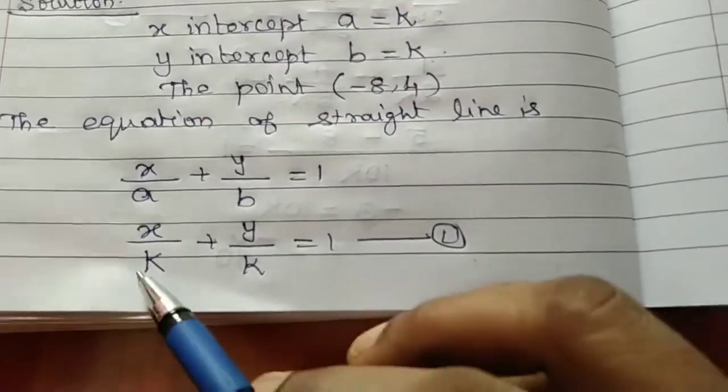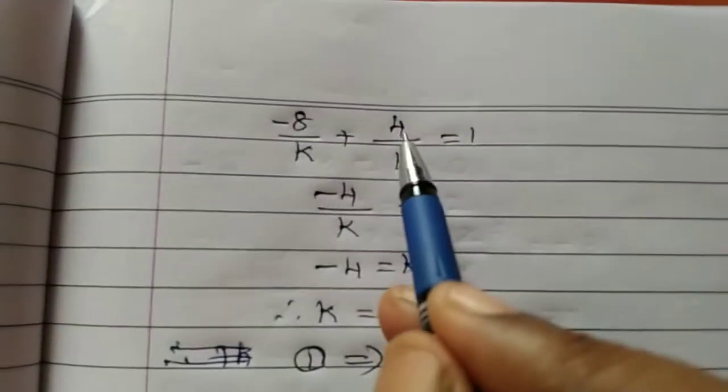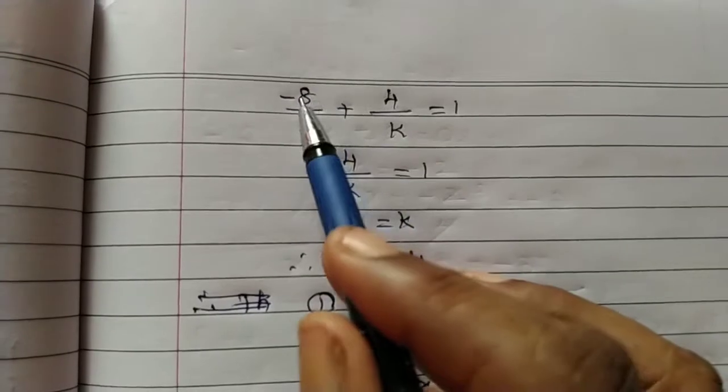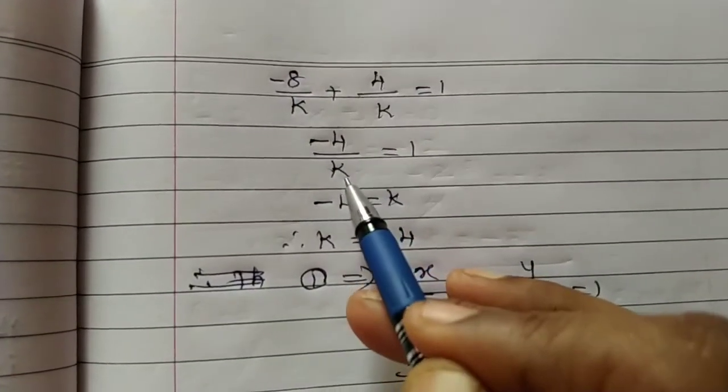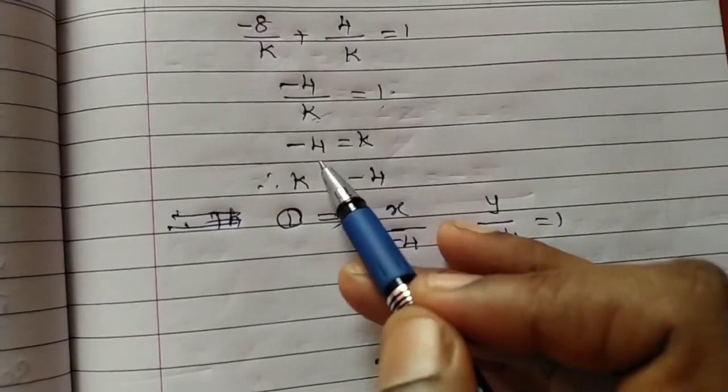Now see, the denominator is the same. Taking LCM, the point minus 8 comma 4, x equal to minus 8, y equal to 4, so subtract these two values: minus 8 plus 4, minus 4 by k equal to 1. Cross multiply, k equal to minus 4.